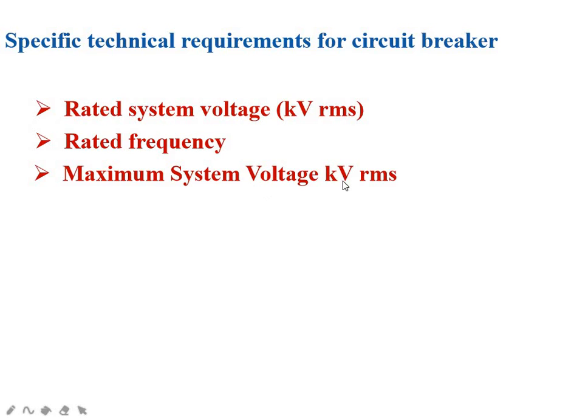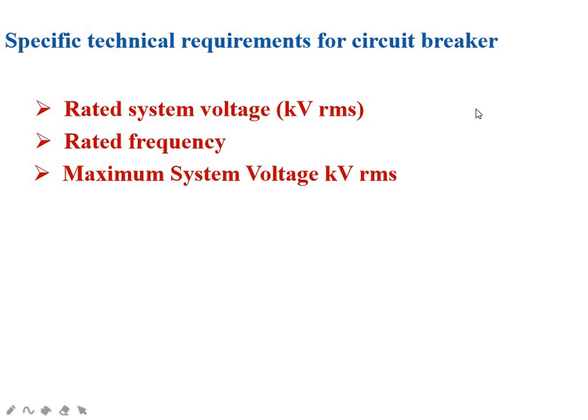That much maximum voltage is required to be considered while designing the circuit breaker, or specifically it is required for the insulation system of the circuit breaker. That insulation should withstand this maximum voltage continuously.